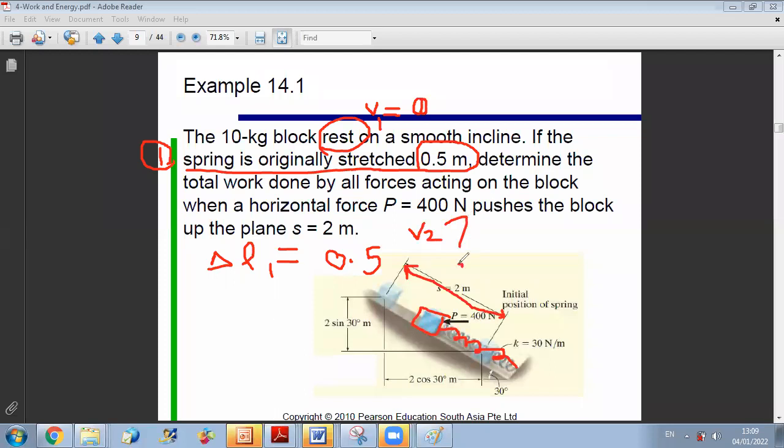Okay? So now, to start with, we should draw the free body diagram of forces on the block to know what are the forces acting on it. So first, we have the weight. We have the spring force. You have the normal reaction.